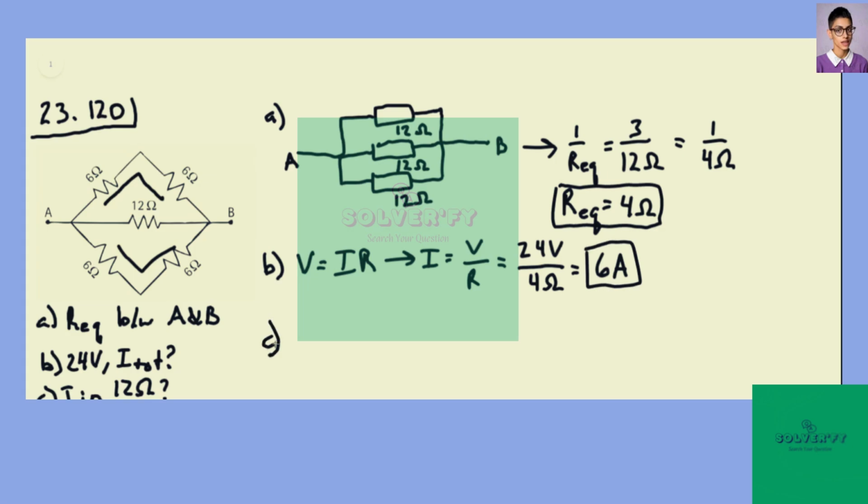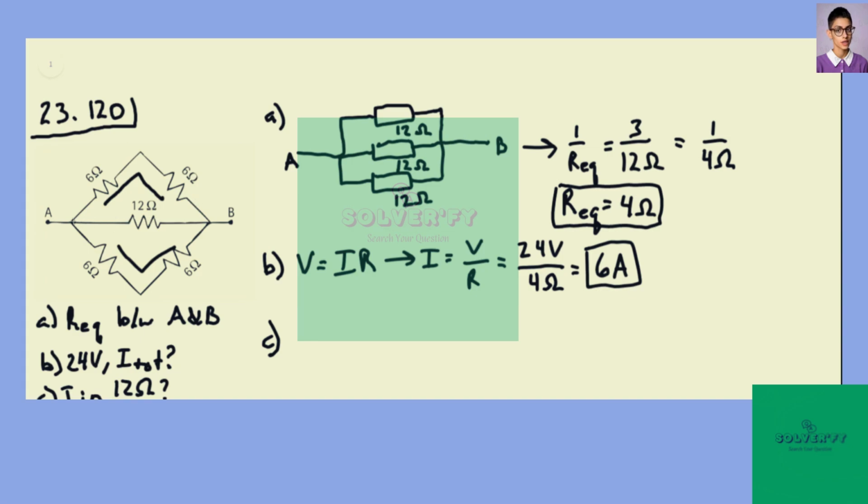Now for part C here, we can note that this 12 ohm resistor is one branch in this parallel circuit, and if all branches of the parallel circuit are identical, we can imagine that for a circuit with 3 branches, each branch is going to get 1/3 of the current.